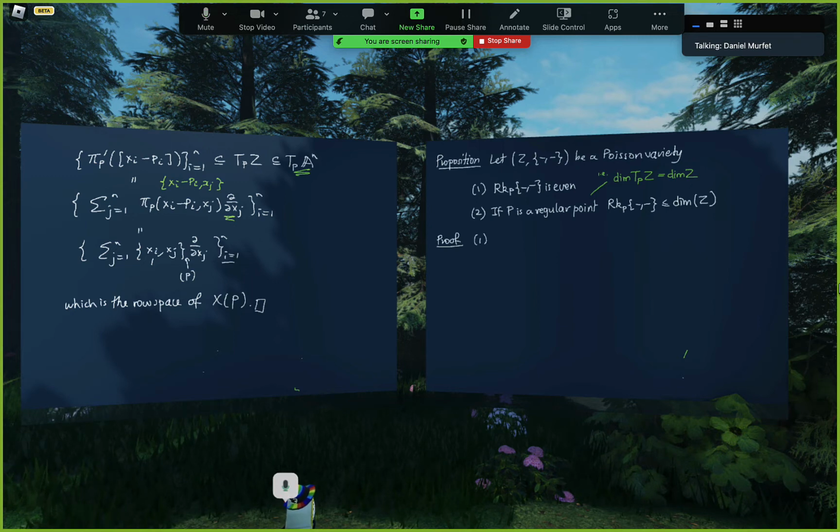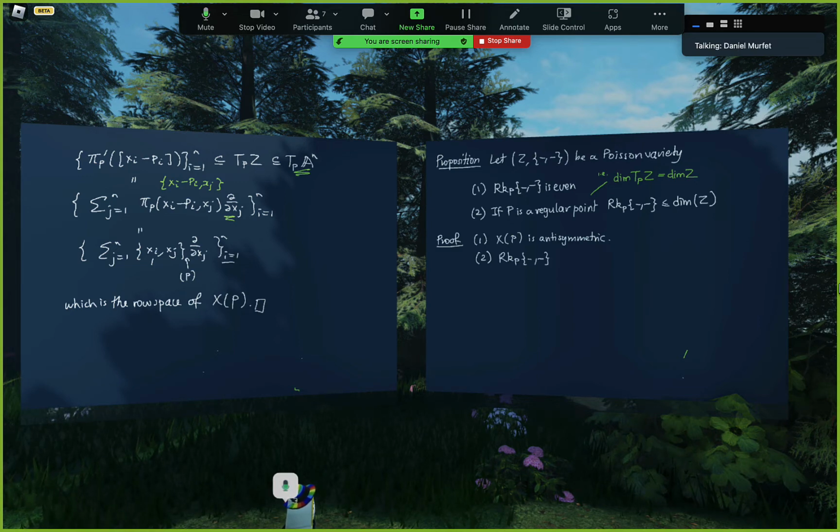One, well, XP is an anti-symmetric matrix. So its rank is even. You might like to, maybe, I'm not sure if you remember the argument, but that's not difficult to see. And for the second point, well, this is why I was going through this material just now for the last 15 minutes.